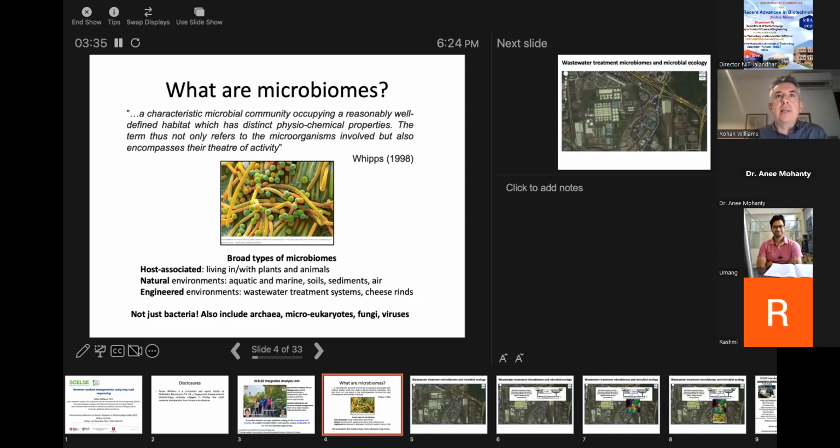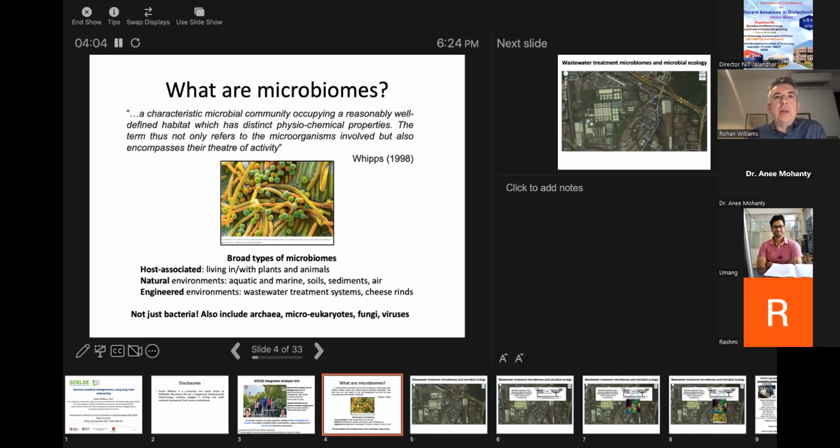You can see this example here where these filamentous bacteria and these circular bacteria tend to coexist together. This is not a new realization; we've understood this for a very long time, but the study of microbiomes has really been given a big push with the development of technology over the last 15 to 20 years.